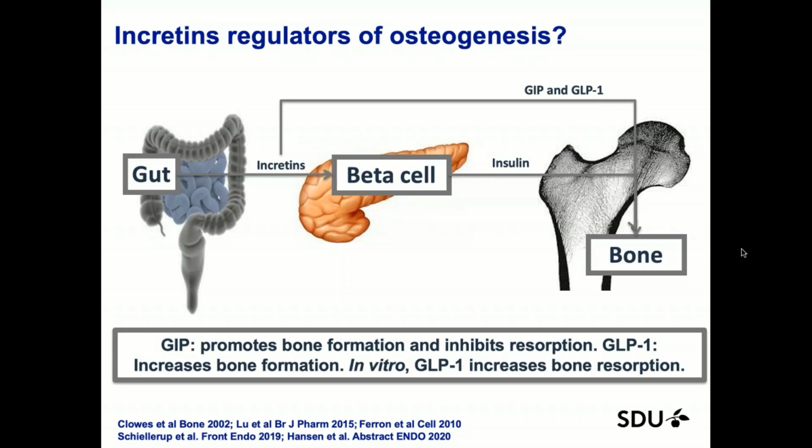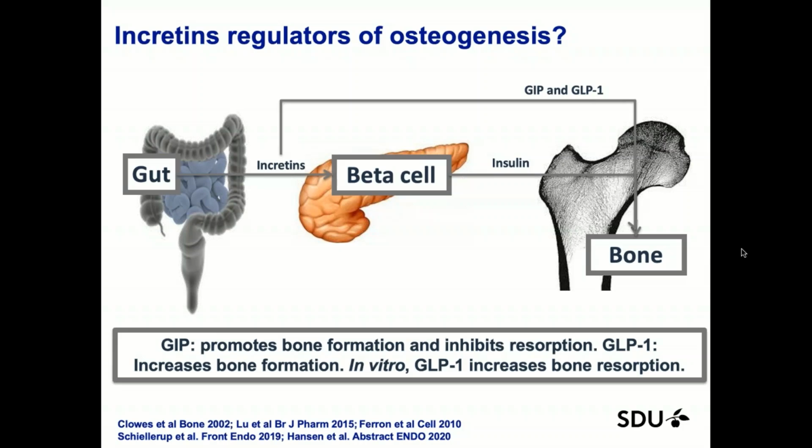They do seem to have at least an indirect effect on bone, acting via their promotion of insulin, but they also seem to have direct effect on bone turnover, with GIP promoting bone formation and inhibiting bone resorption. Data for GLP-1 is a bit less solid, but this hormone seems to promote bone formation.